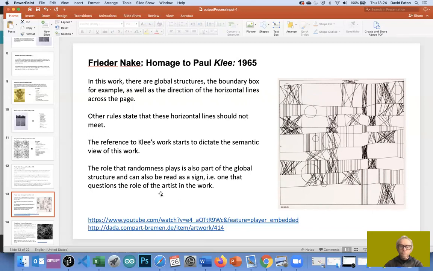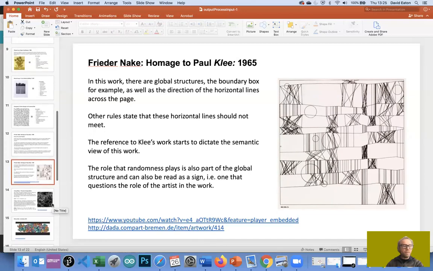So we're kind of right the way back now to how randomness was being used at a micro level, a tiny level of making small intuitive decisions, or replacing the notion of making small intuitive decisions, to a point where now it's also part of the global and semantic role, because it's random, that idea of questioning who is the artist in the work. So lots going on in a work like that.